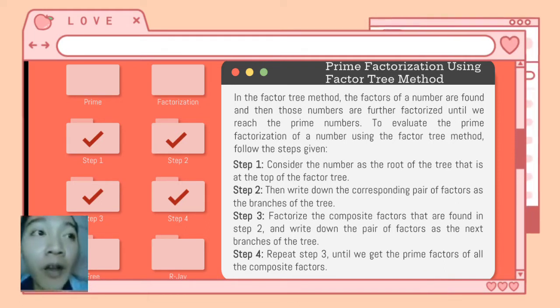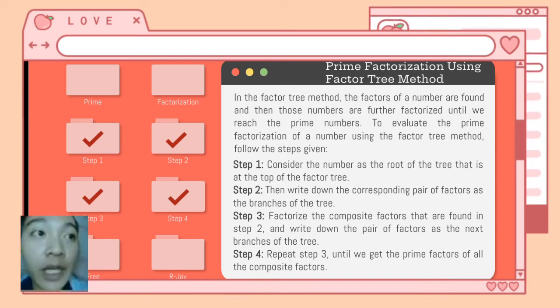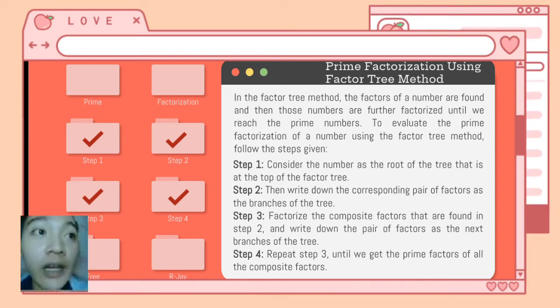It means that when we find the prime factors of a given number, if the factors are not prime numbers, we're going to break or factorize them until they become prime numbers.